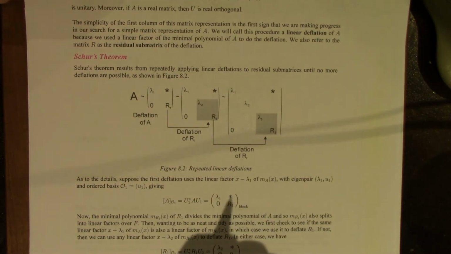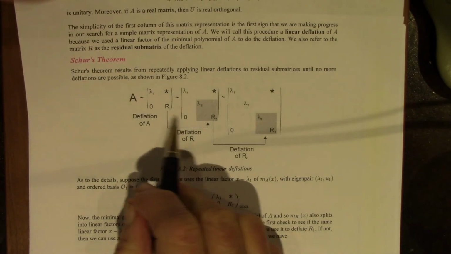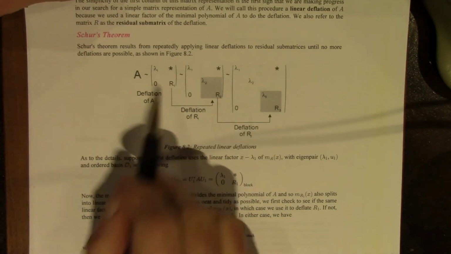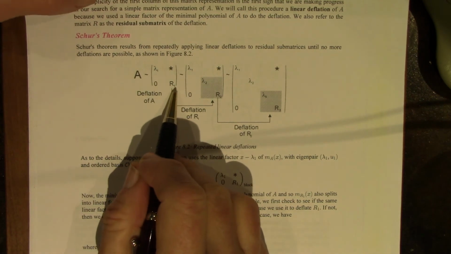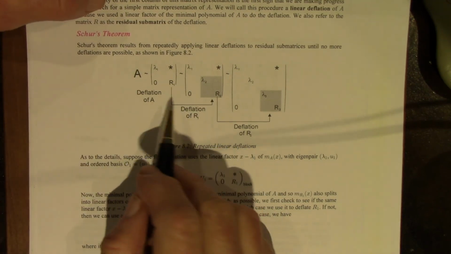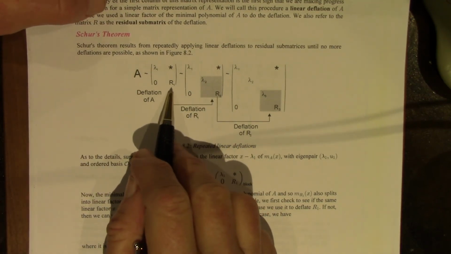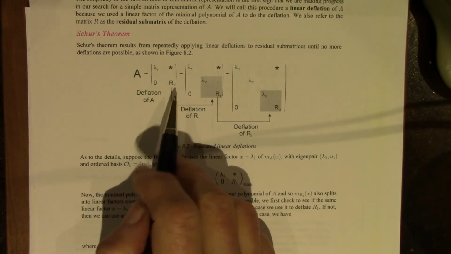Schur's theorem results from repeatedly applying linear deflations to the residual submatrices. And here it is in picture form. A is unitarily similar to this. This is the first deflation. I called it R1 here. We take R1. That's a matrix of whatever size.